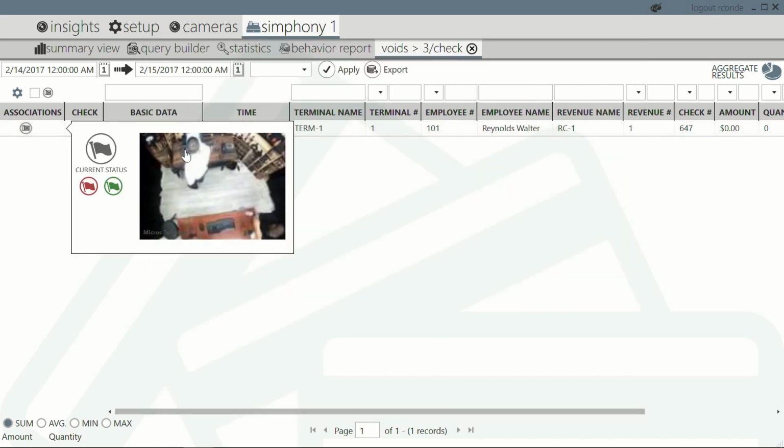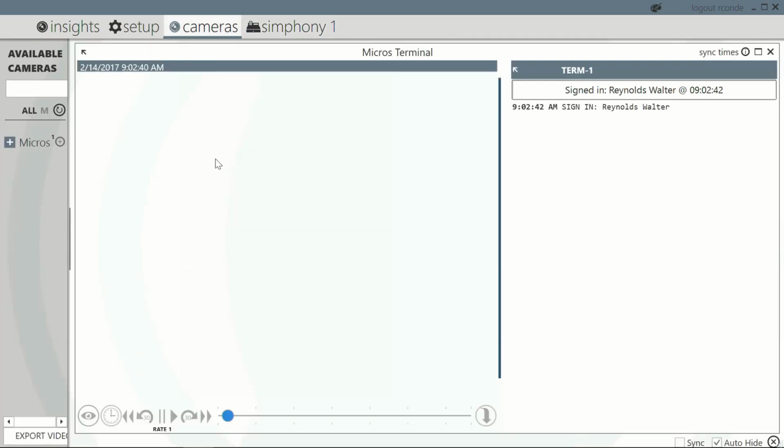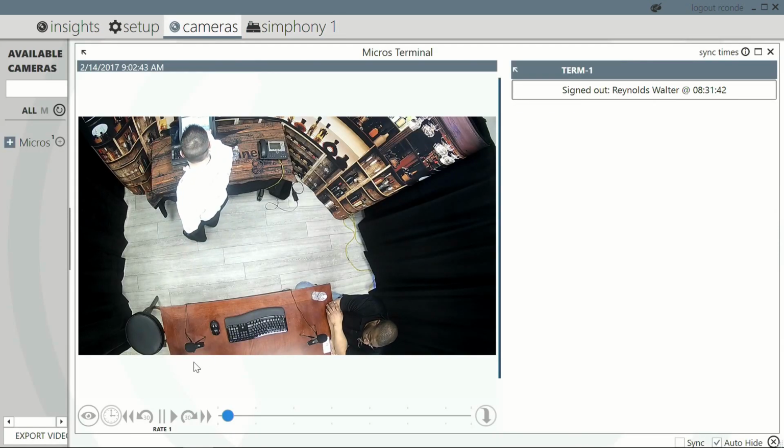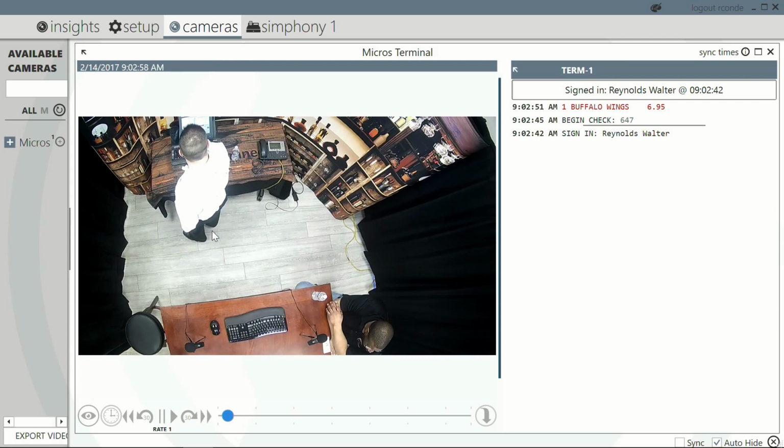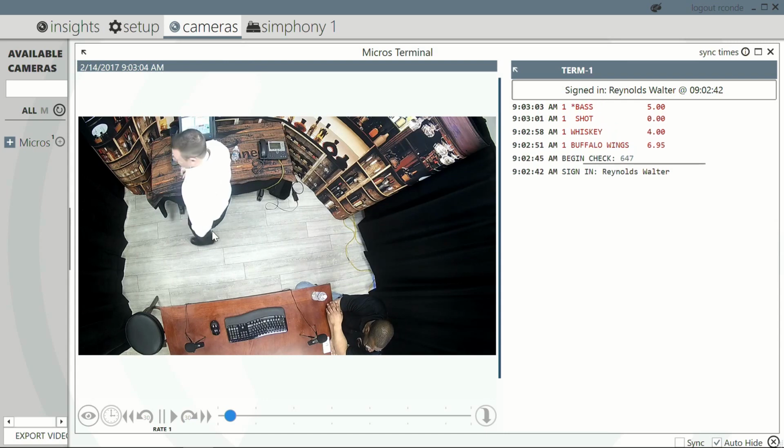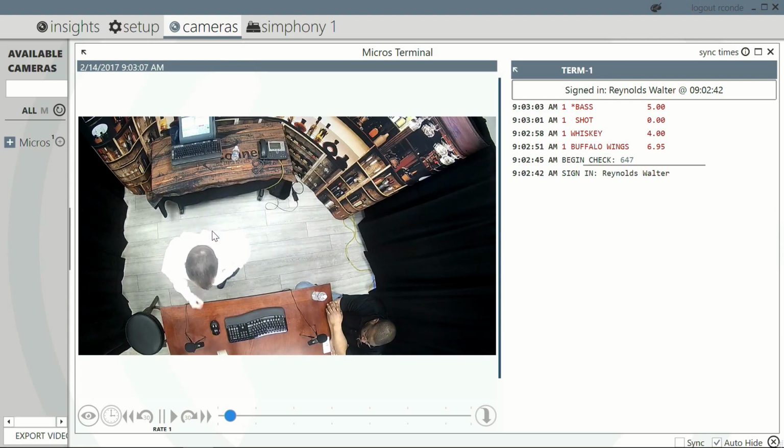So we can take a look at this, and you can see the customer. Well, you can't really see the customer in the shop, but you can see me over here ringing everything in. If you notice on the check, another thing to keep in mind, when a check is voided all the way out, it's always good every now and then just to take a look at the very next check, if it's within a few seconds, just to make sure that maybe there wasn't a mistake and it wasn't rerun.